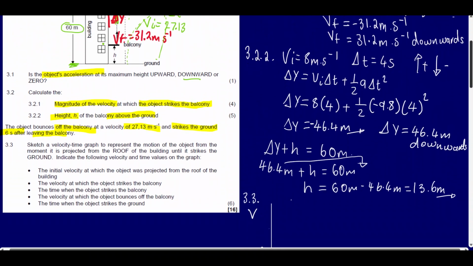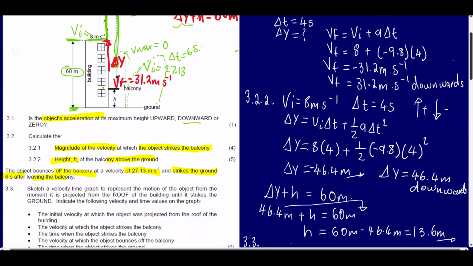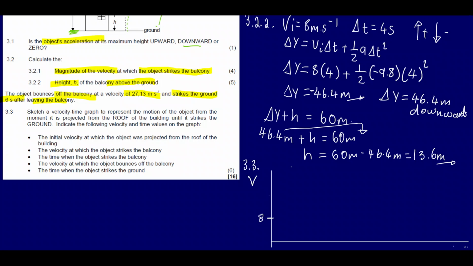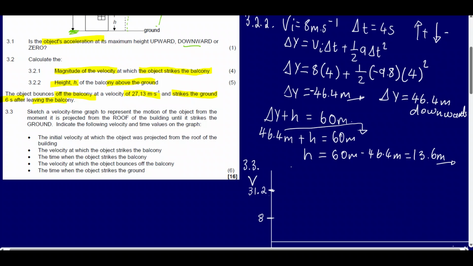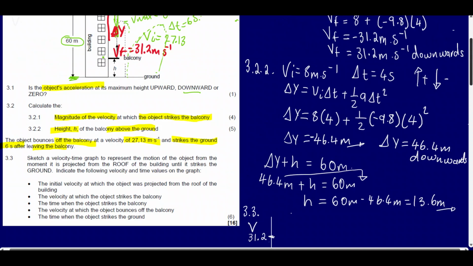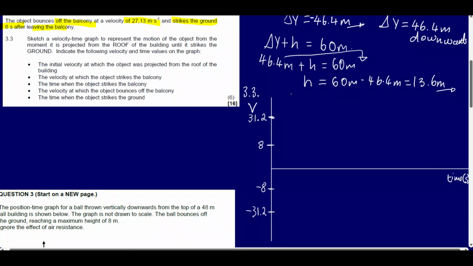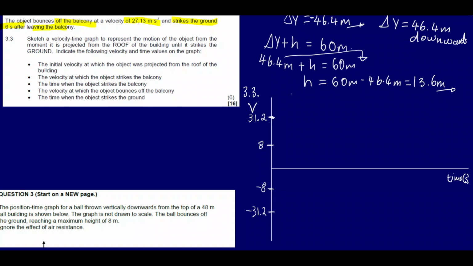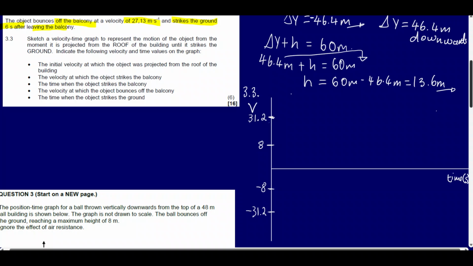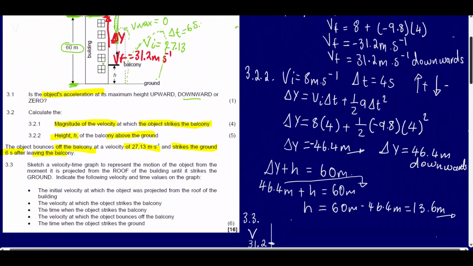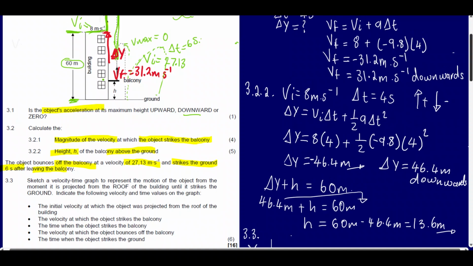Here we have another velocity which is 31.2, we can put it up there, and we can also put it just below, negative 31.2.